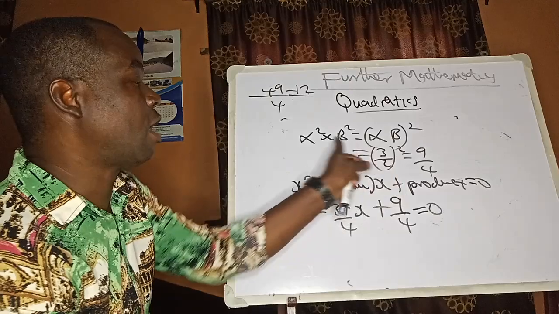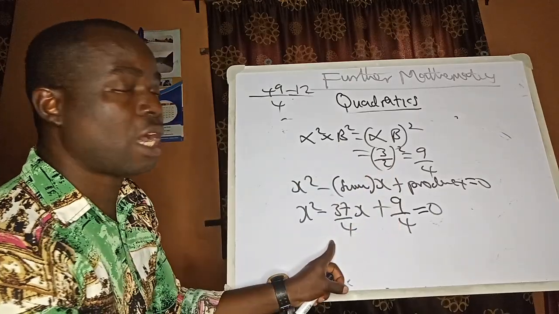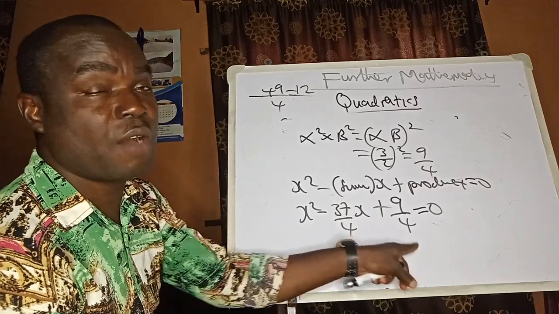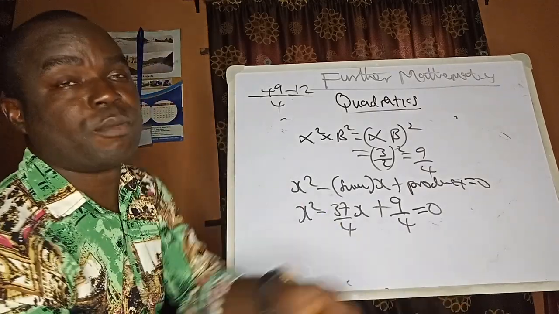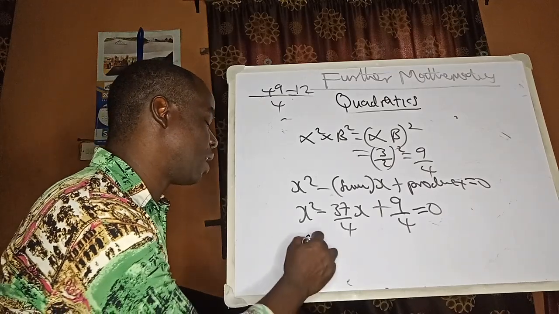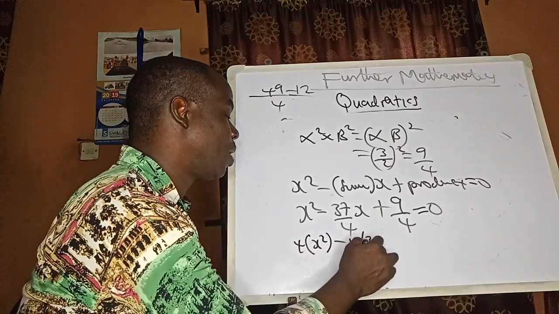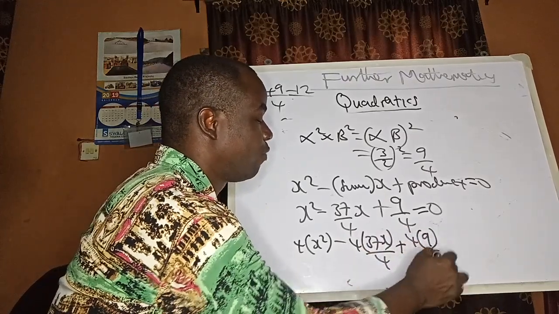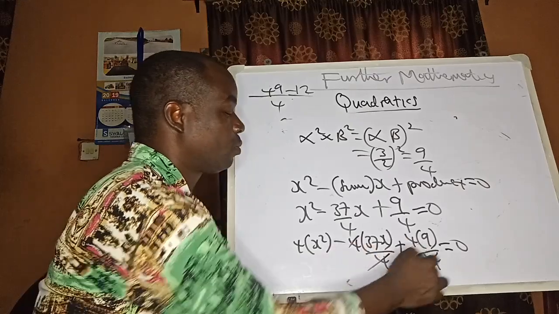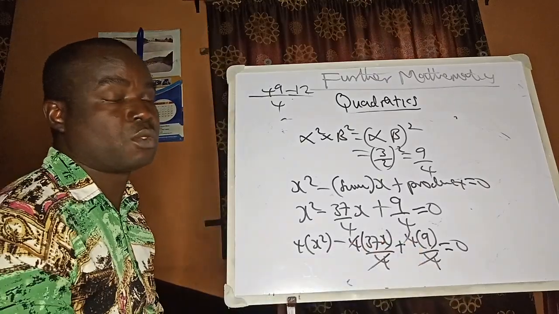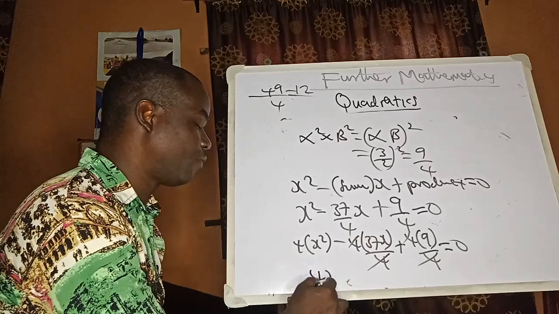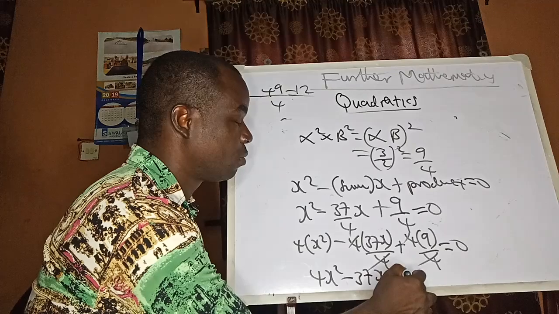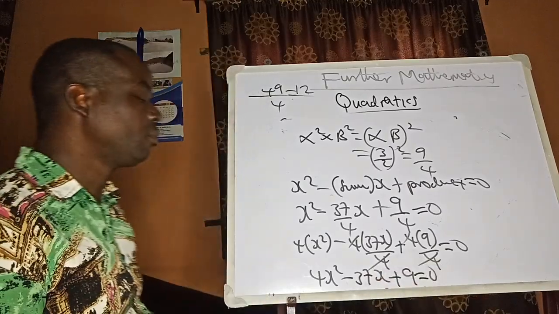So as I did in the other example, you clear these fractions. What you have here is 4, 4. LCM of 4 and 4 is 4. Use 4 and multiply everybody. We have 4 bracket x squared, 4 bracket 37x over 4, 4 bracket 9 over 4 equal to 0. Cancel out. And we have our answer. So our answer is 4 times x squared is 4x squared minus 37x plus 9 is equal to 0.